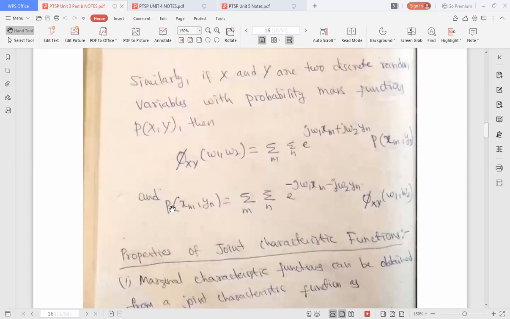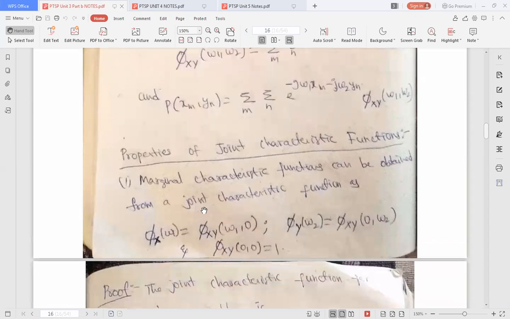And p of xm comma yn is called the probability mass function. So it is equal to summation with respect to m, summation with respect to n, e power minus j omega 1 xm minus j omega 2 yn, phi xy of omega 1 omega 2. Okay. So this is the first equation to obtain the characteristic function for the discrete case, and this is the equation we use to obtain the probability mass function.